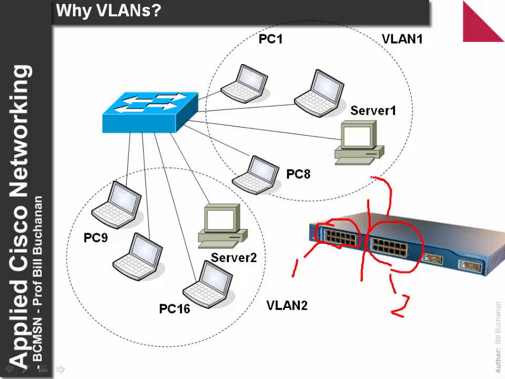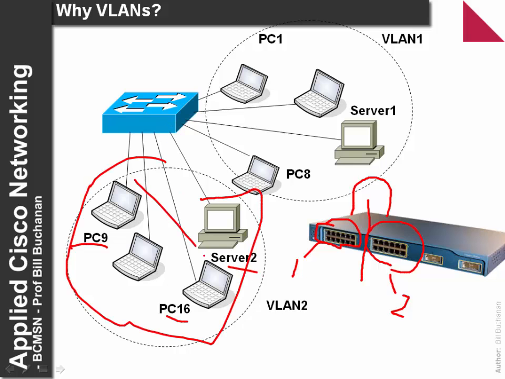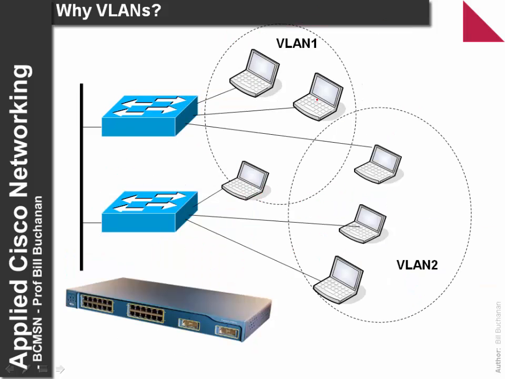The two networks cannot communicate directly through the switch. So in this case we have PC 9, 16 and a server connected to one VLAN. This defines the scope of the broadcast domain, and then PC 1, 8 and server 1 connect to another VLAN. So in this case we can apply security at the very lowest level.